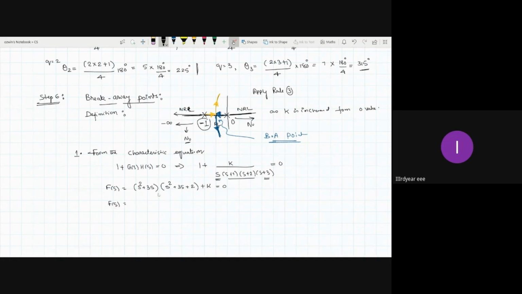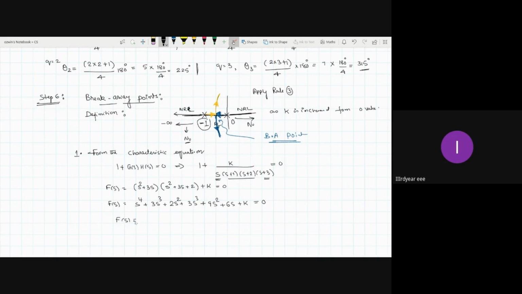Or F(s) is equal to s square into s square is s to the power 4 plus 3s cube plus 2s square plus 3s cube plus 9s square plus 6s plus K is equal to 0.